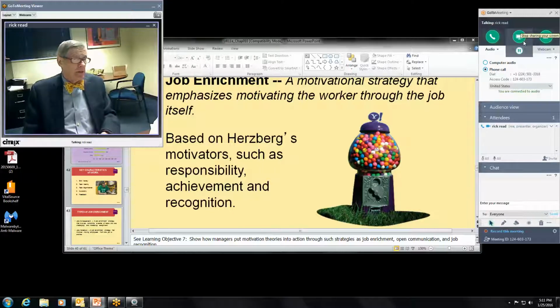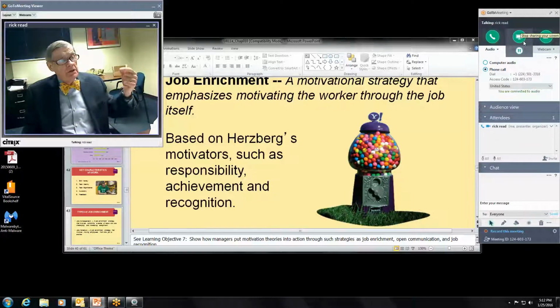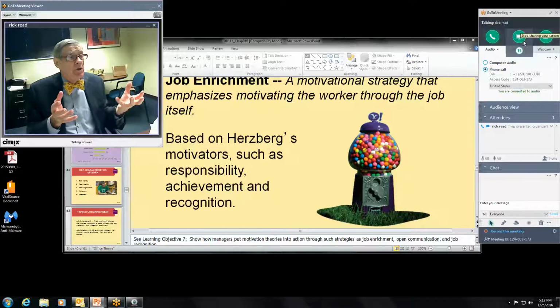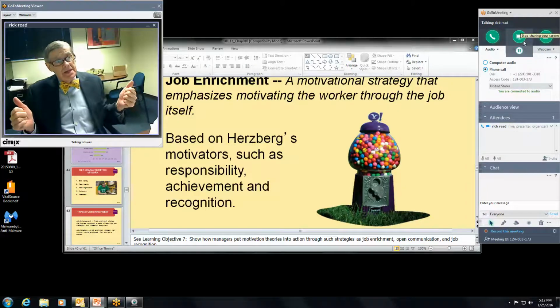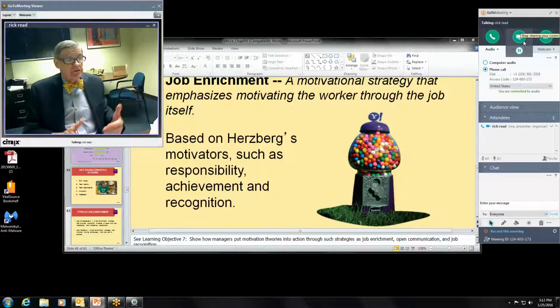Very important things. Really what's happening here is you, Mr. or Miss Supervisor, manager, are giving the employee the job with all the needed resources, and then you're getting out of the way. Doesn't mean you won't be around to provide assistance or give feedback, but you're getting out of the way.